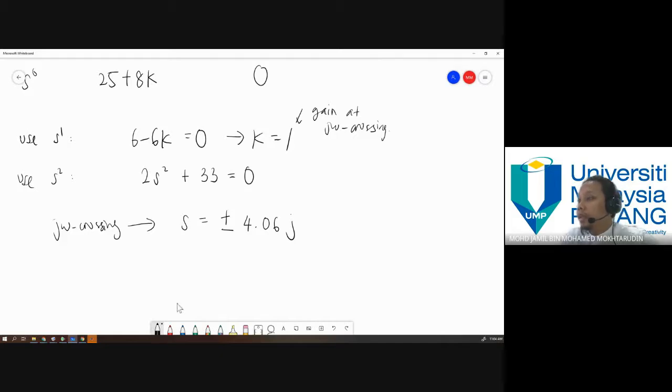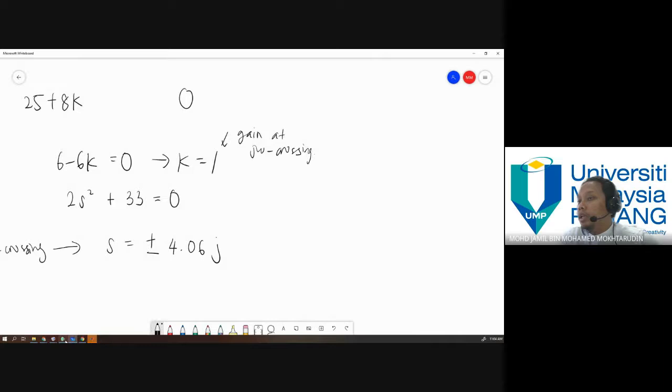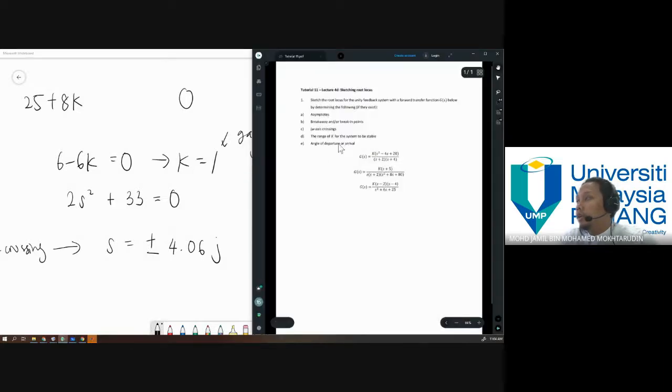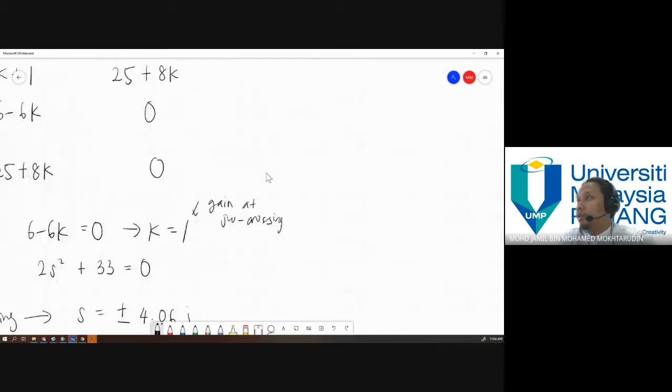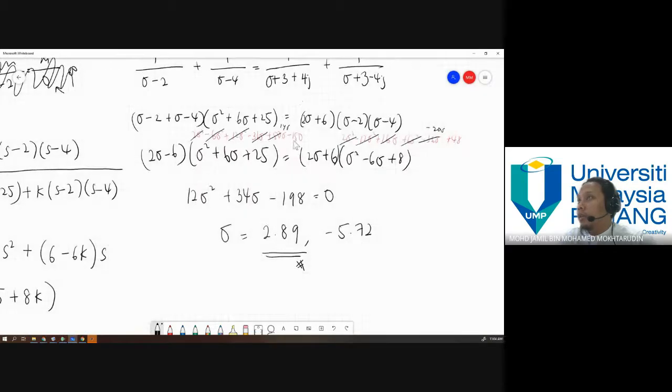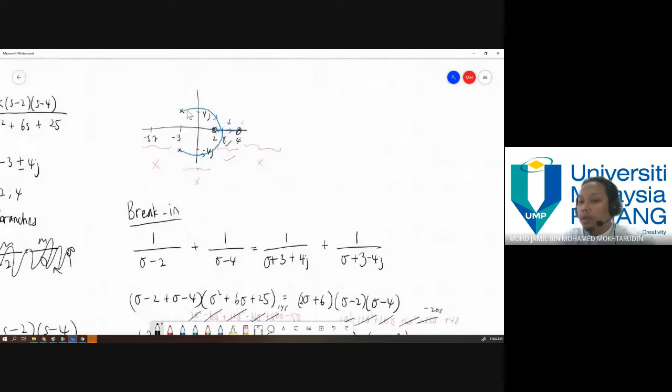Now we can determine the angle of departure or arrival. Again, from our sketch, we have complex poles.